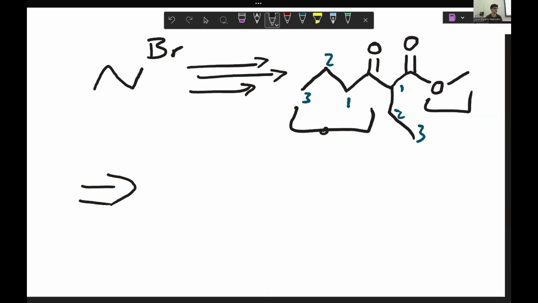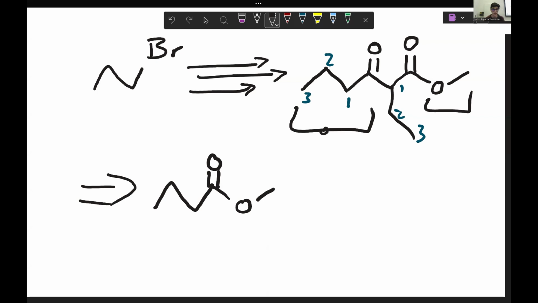So the right side is the reactant that forms this product. I'll draw it out, and that'll probably make more sense. So that's what the reactant for this Claisen will look like. Immediately before this final step is this. So that's one step down.